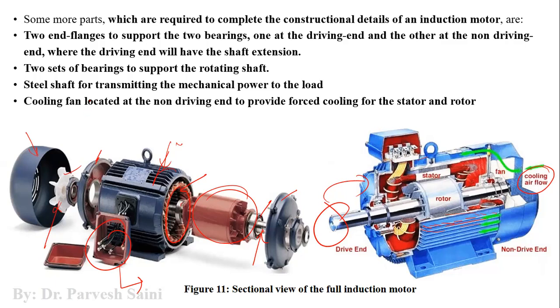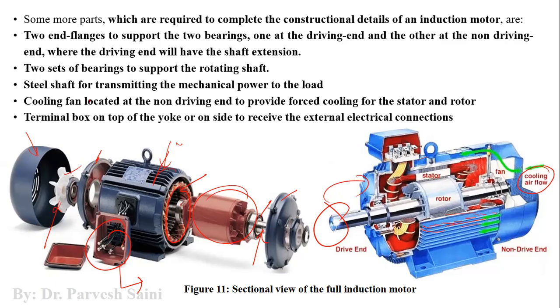And we have the cooling fan so that we can keep the motor cool, to avoid any ill effect due to excessive heat. This excessive heat is removed from the motor with the help of this fan, right? We have a terminal box also, either on the top of the yoke, which is the outer enclosure, right?